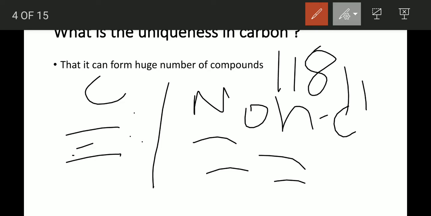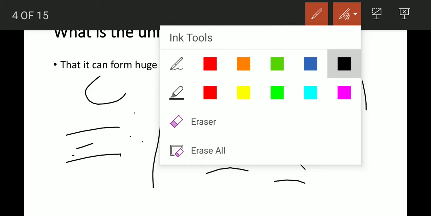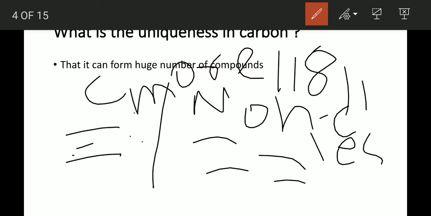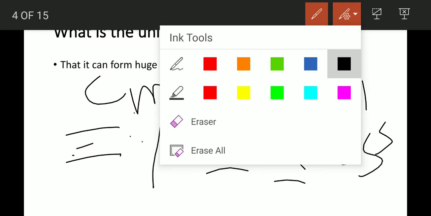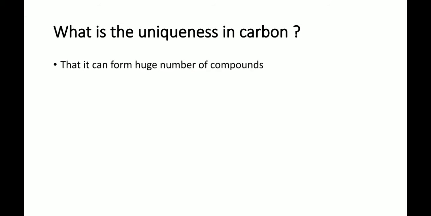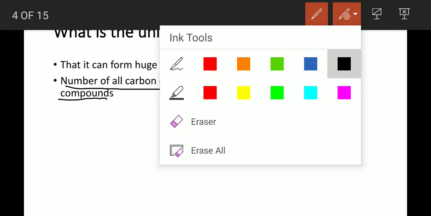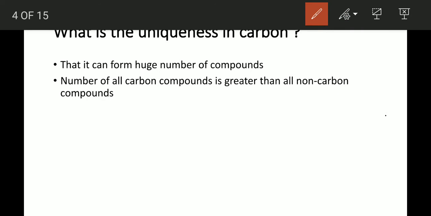You will see that carbon compounds are more than non-carbon compounds. This is also one reason that the number of carbon compounds is greater than non-carbon compounds.